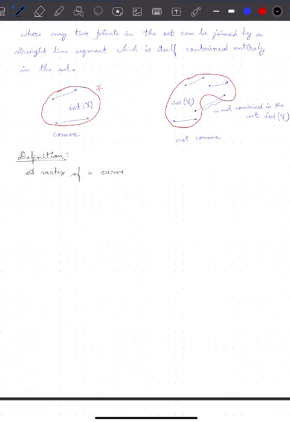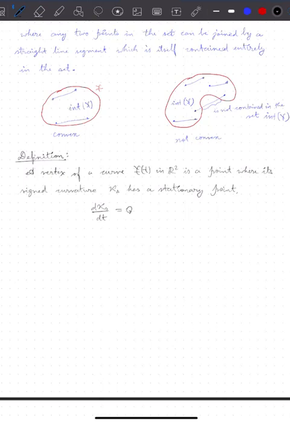A vertex of a curve gamma(t) in R2 is a point where its signed curvature kappa_s has a stationary point, that is, d kappa_s by dt is 0.